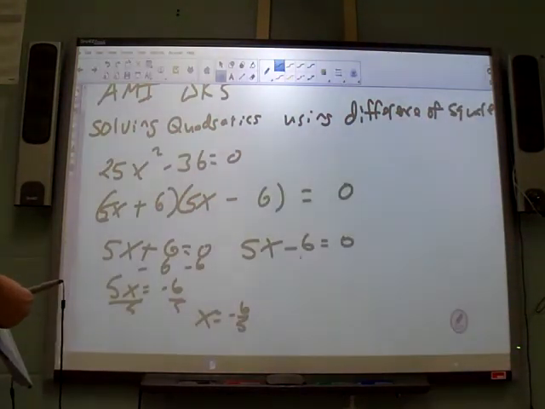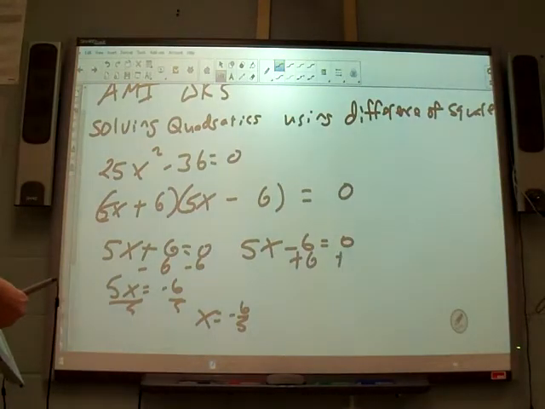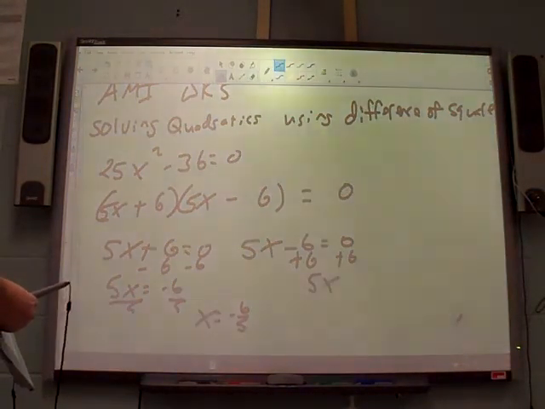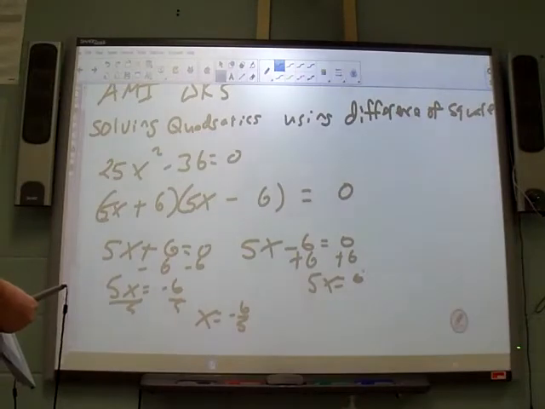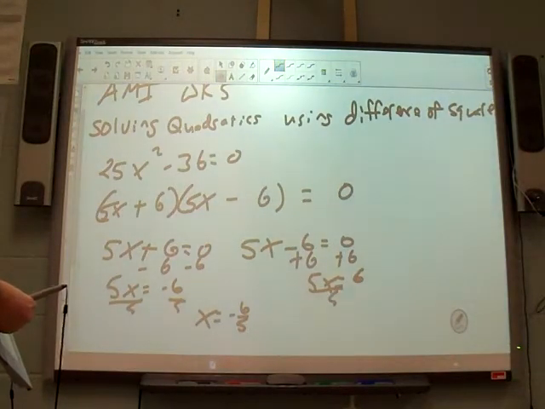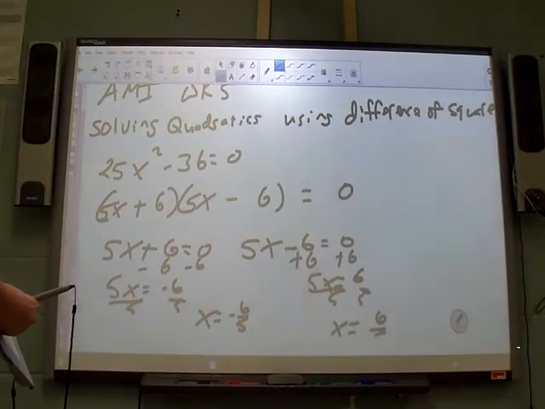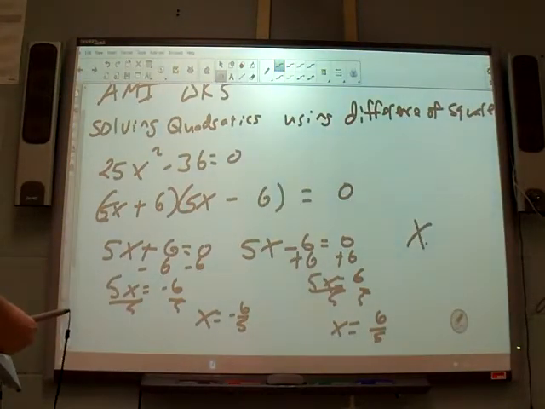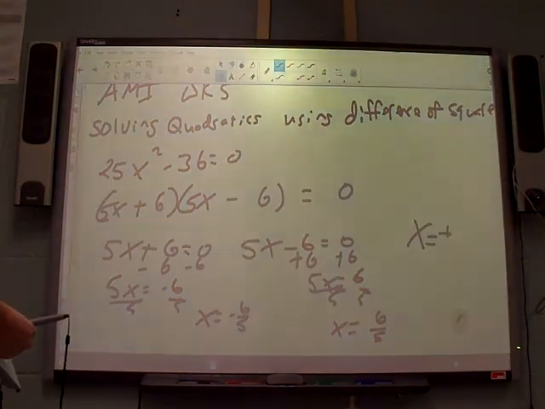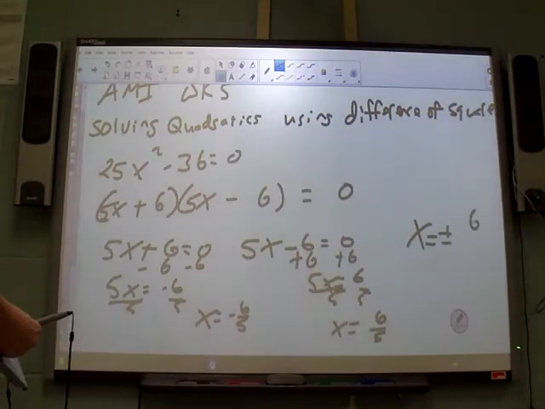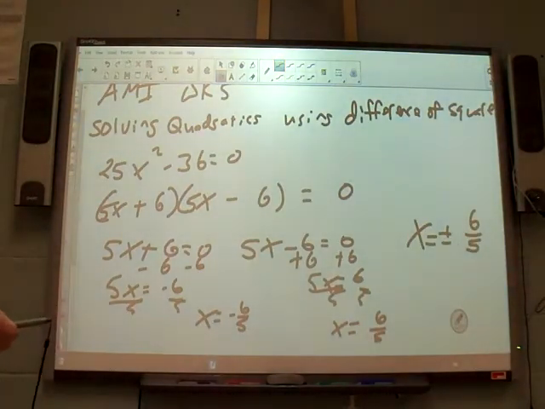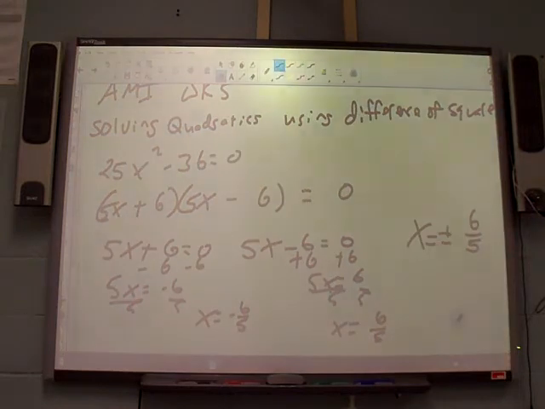Over here my 6 is being subtracted, so I'm going to have to add it. So that gets me 5x equals 6. Then divide by 5. And that gets me x equals positive 6/5. So what I'm looking at here for possible solution, I can write fancy like and say x is positive negative 6/5. But don't forget we need to check that.